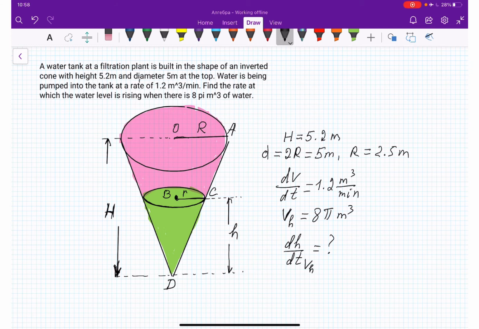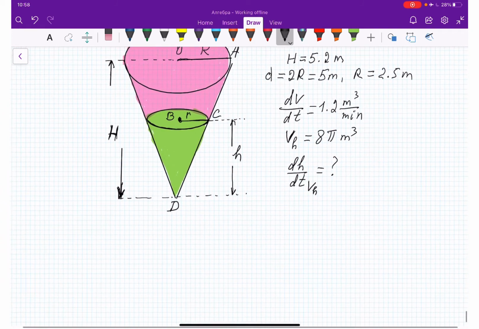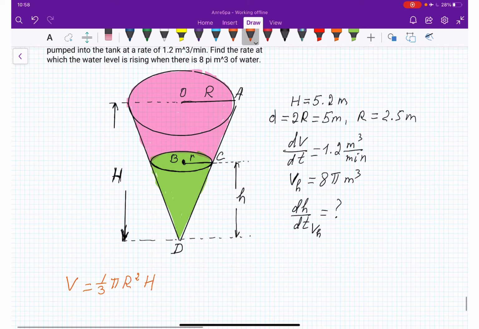Okay, so first thing first, we know that the volume of the cone is equal, let me write down in red color, V is equal 1/3 pi R squared H. So as you can see, I used here all uppercase letters. This is for the entire cone we have, right?